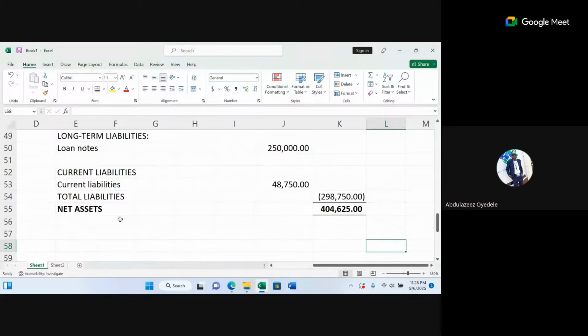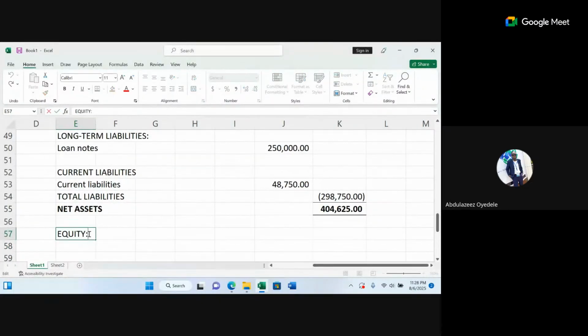That will be the sole item that we have here. So we can say this is equity, or you can say financed by the CRF balance.